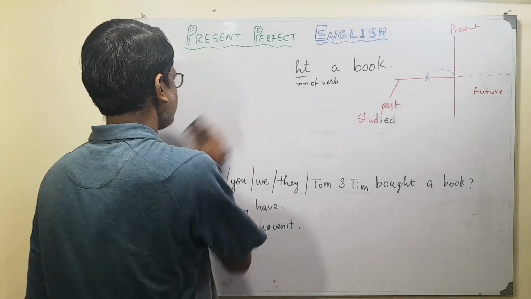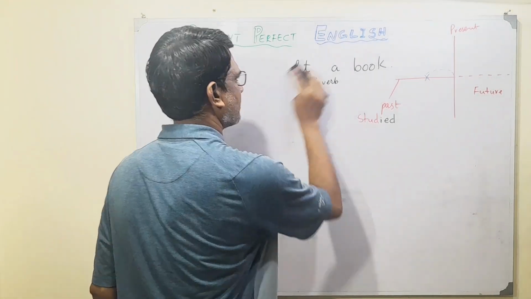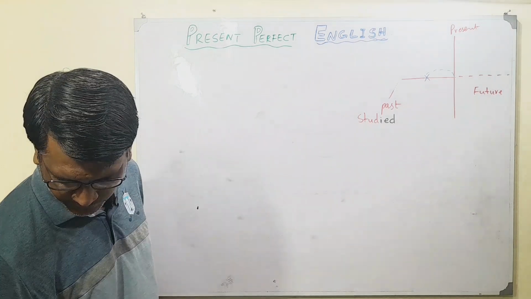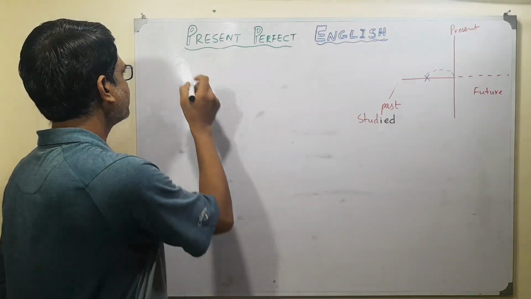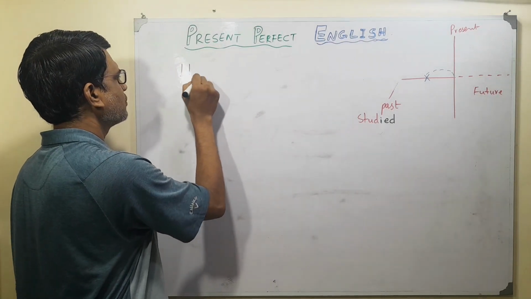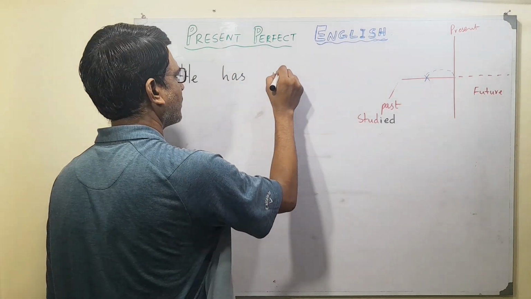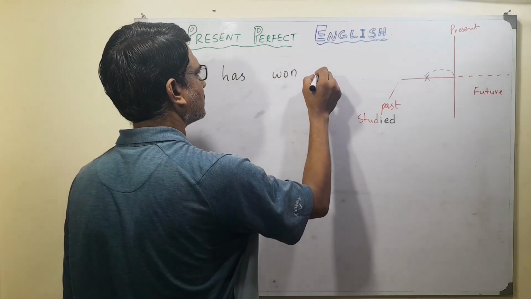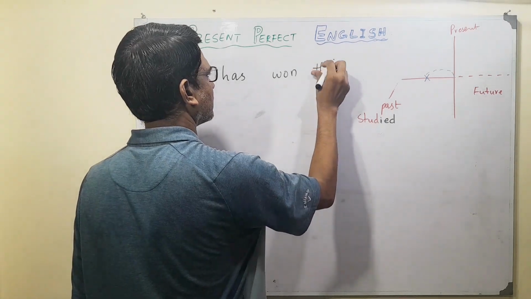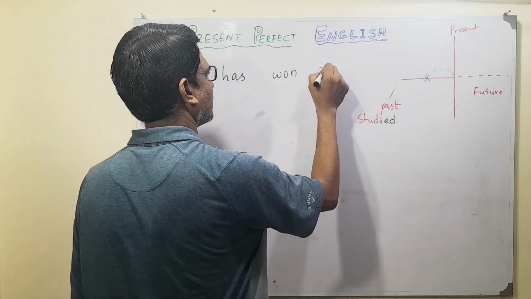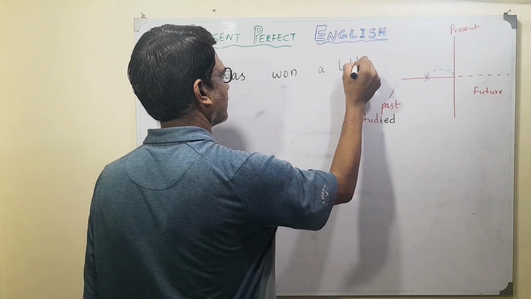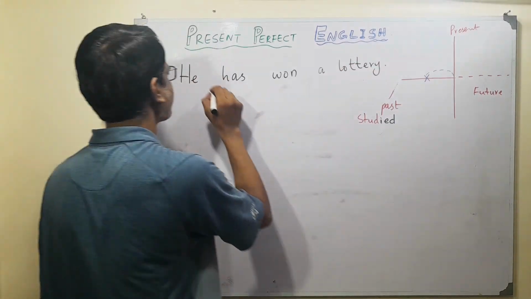Similarly, with the subjects like he, she, and it, what do we do? With he, we use has. He has won a lottery.